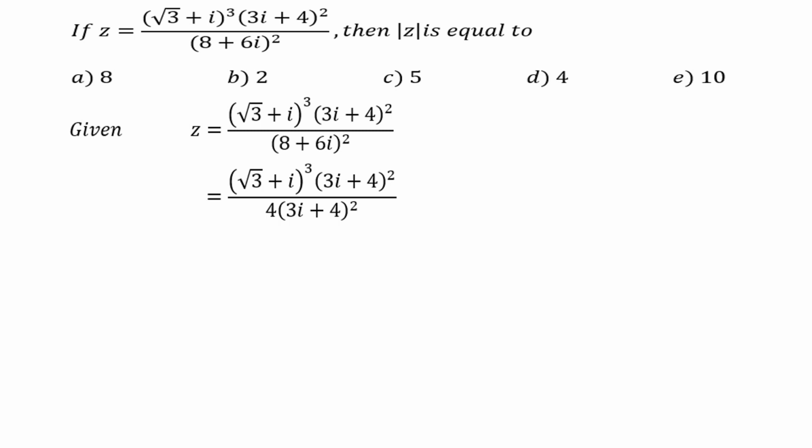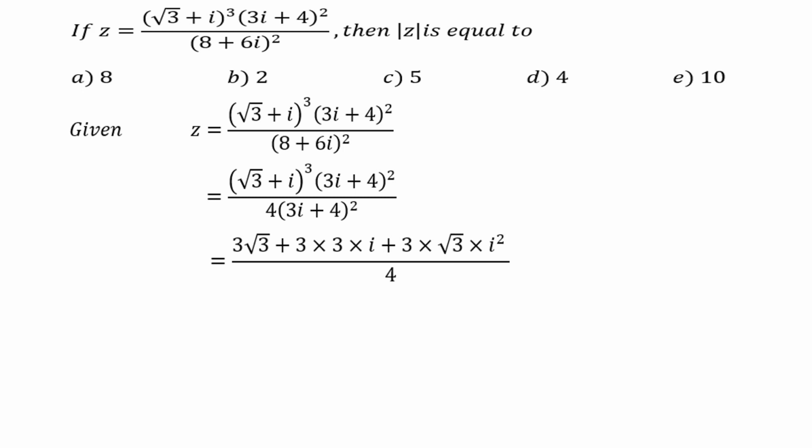cube divided by 4. By expanding, we get 3 root 3 plus 3 into i, that is 3 into root 3 square into i, plus 3 into root 3 into i square plus i cube, divided by 4.